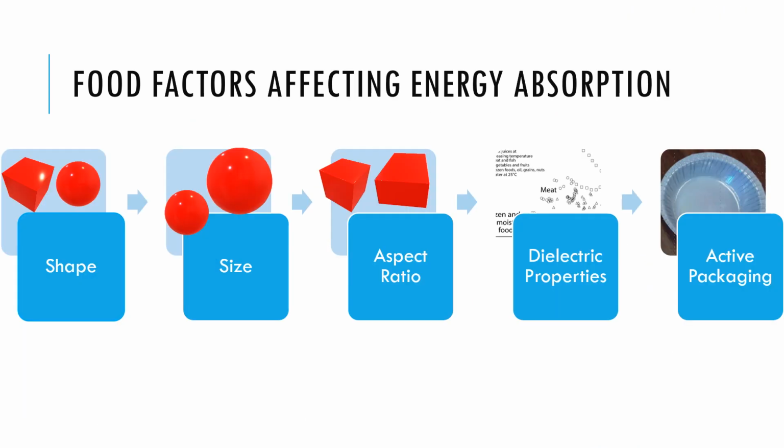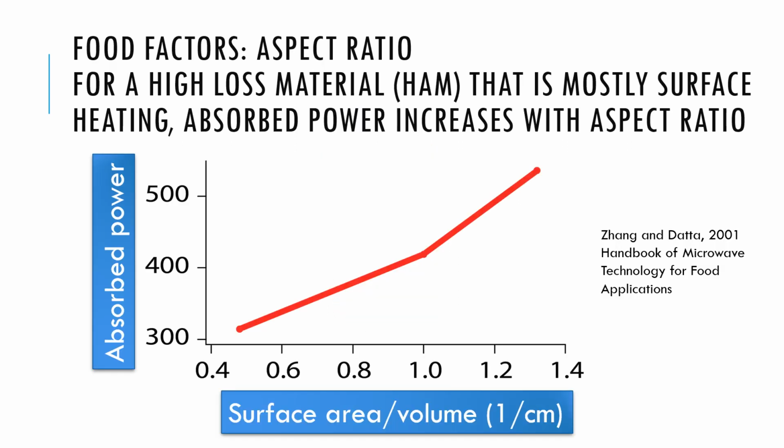Another factor in microwave absorption is the aspect ratio. This figure shows absorbed power, total absorbed power in the food in watts, as the food is flattened. So the surface area over volume keeps increasing.